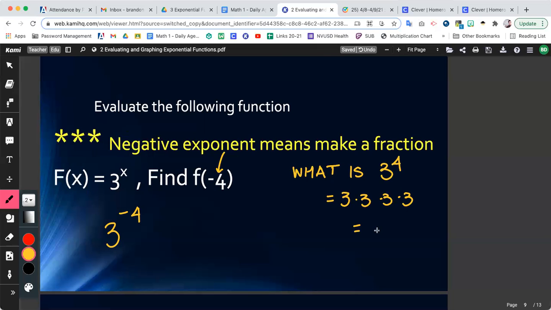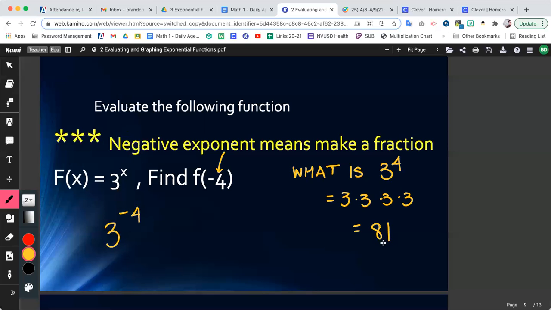So what is that? Not 6. 3 times 3 is 9. 27. Okay, remember, not 64, bigger than that.